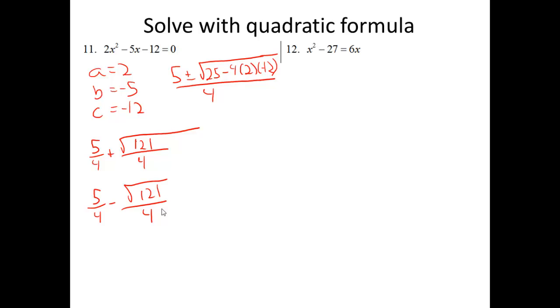Now the square root of 121 is 11. And so this is the same as 5 over 4 plus 11 over 4. This is 5 over 4 minus 11 over 4.